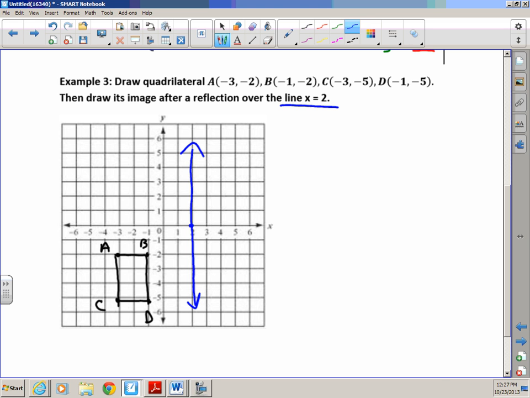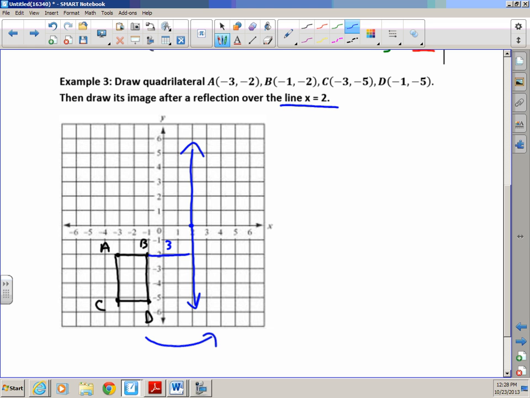So hopefully you see ABCD is going to flip over, going in this direction, over the line x equals 2. The way to do it is to figure out distance away. B is 1, 2, 3 units away from the blue line.